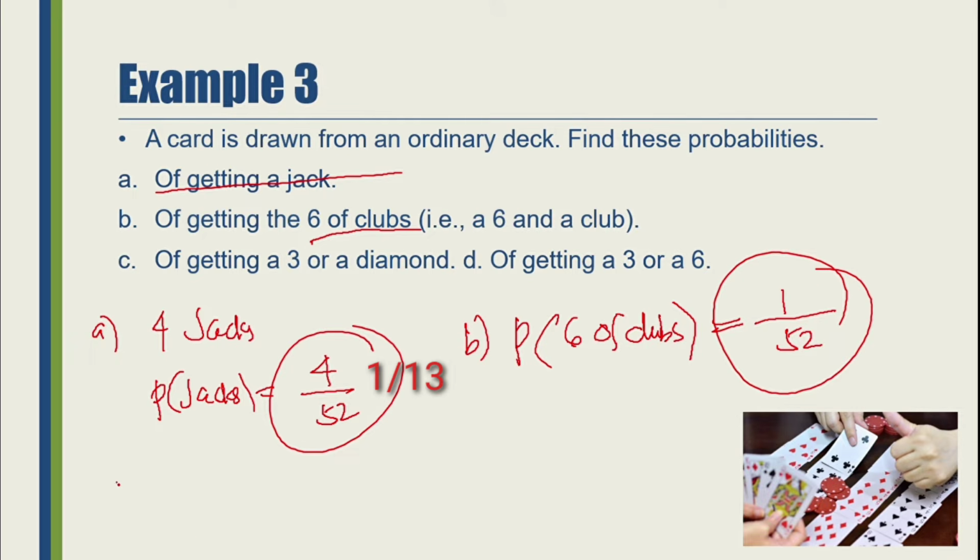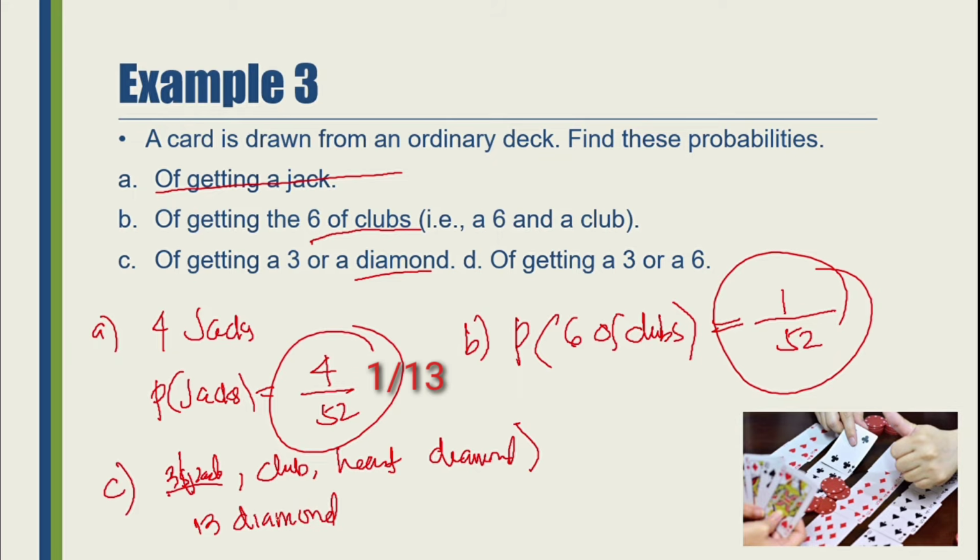Next, letter C, getting a 3 or a diamond. The threes could be spade, club, heart, and diamond. These are the suits for the three. And the question is a 3 or a diamond. There are 13 diamonds.